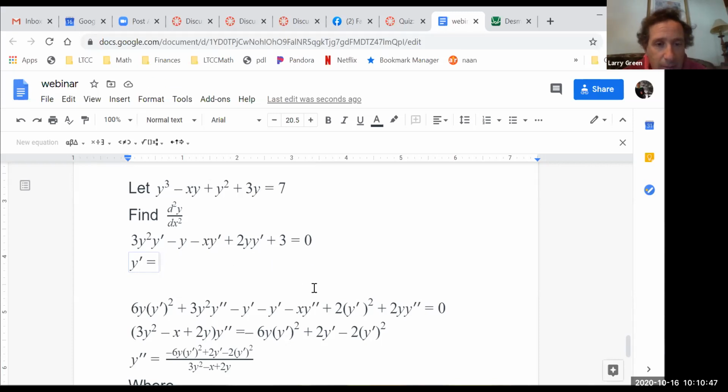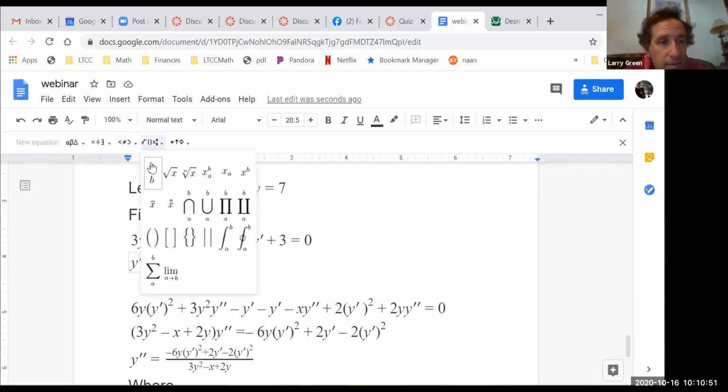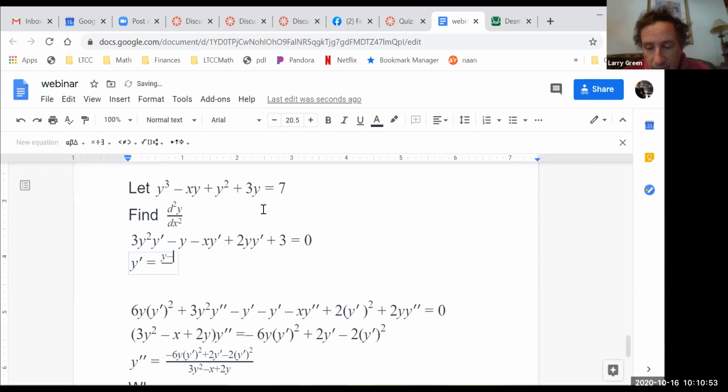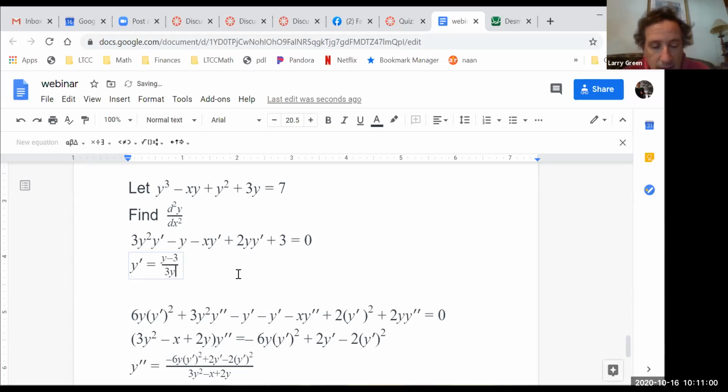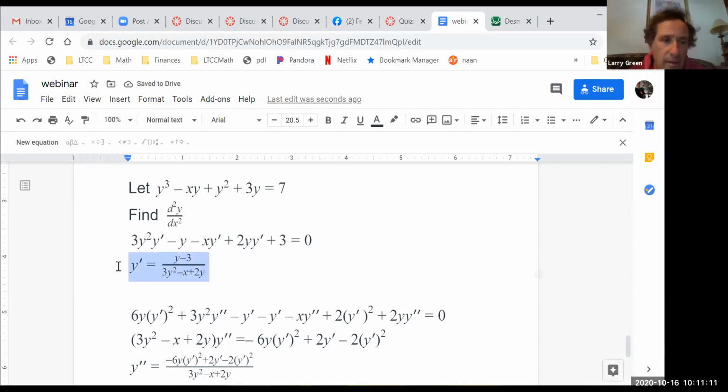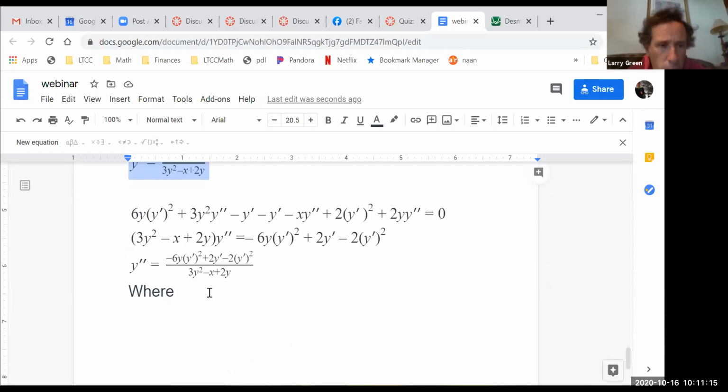And that's going to be a y minus 3, and then the coefficient is going to be 3y squared, and minus x plus 2y. So that was my y prime.